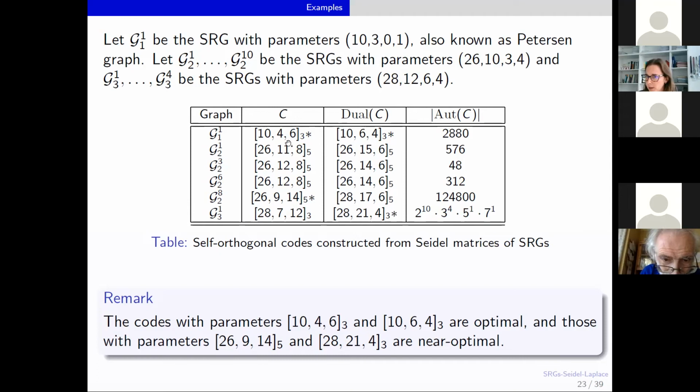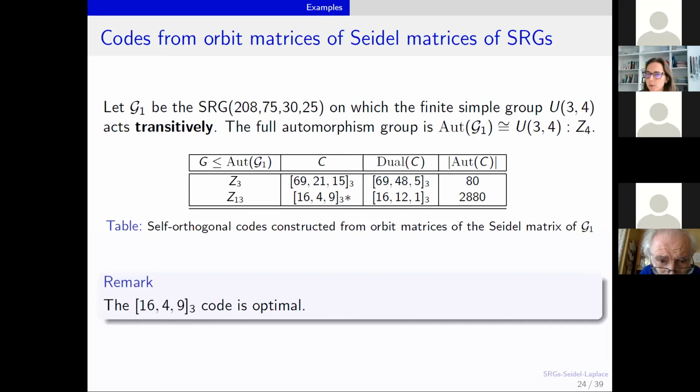So you can see the parameters of the codes, the parameters of the duals, and the sizes of the full automorphism groups. Those having the star are optimal and near optimal, and in this case we obtained optimal and some near optimal self-orthogonal codes.